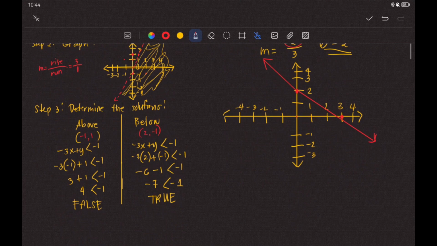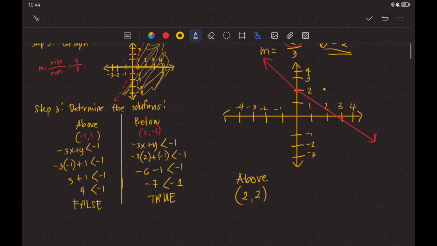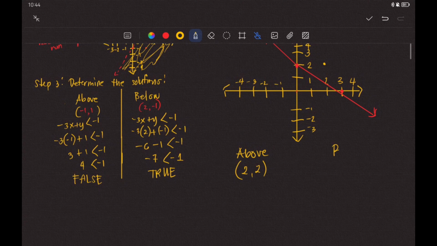Now let's determine the solutions. Our above is, let me choose +2 and 2. And our below is -1 and 1. -1 and -1.